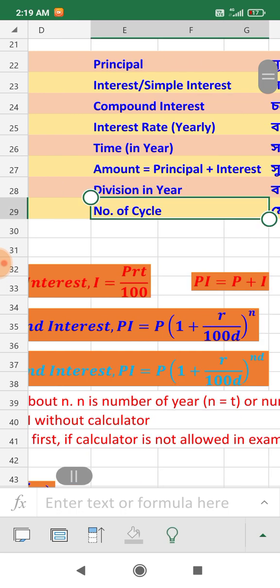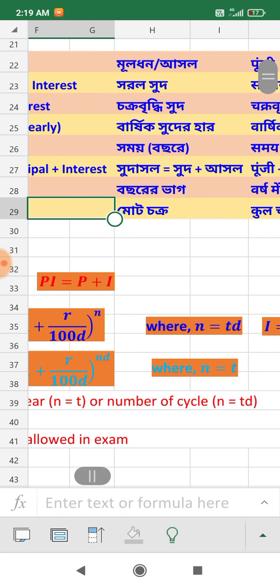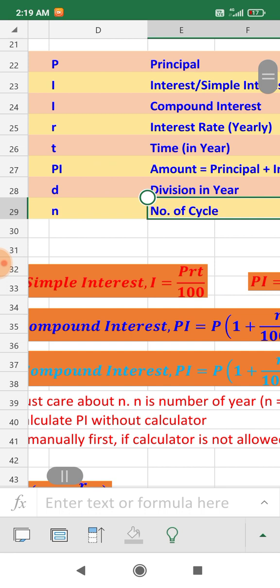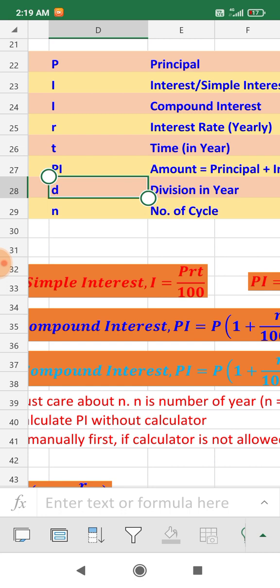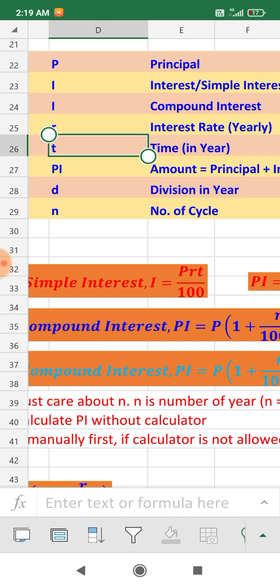Now this is number of cycle, N. Number of cycle. This depends on how many divisions in a year and how many years we have to invest.